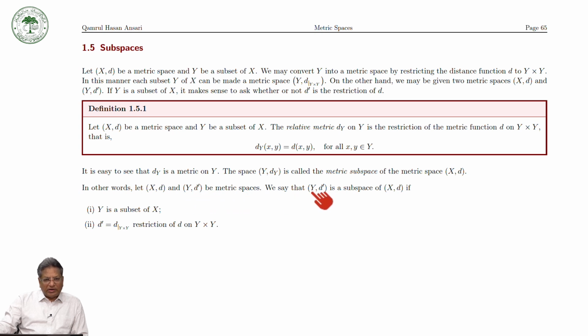We say that (Y, d') is a subspace of the metric space (X, d) if Y is a subset of X and d' is the restriction of d on Y cross Y. So this way we can define the metric subspace, or simply subspace, of a metric space X.